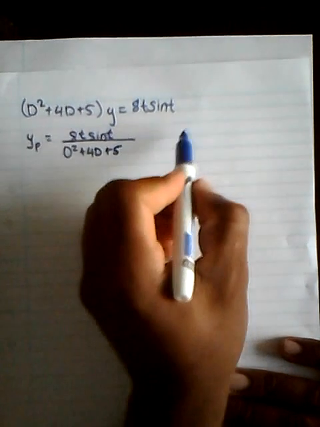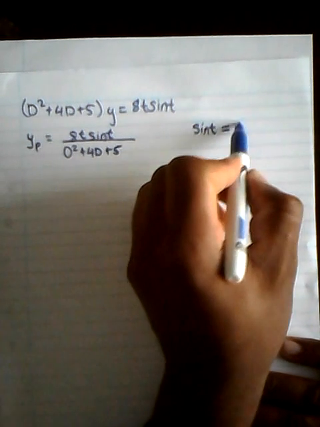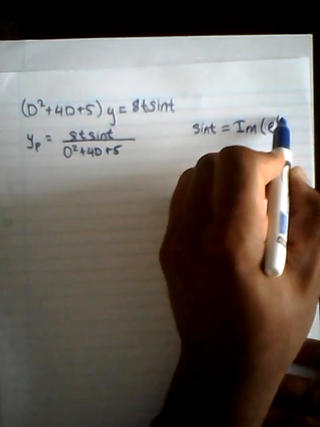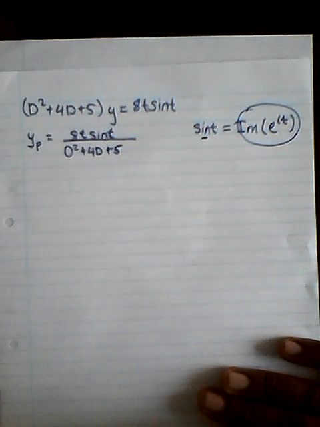Now, taking note of this, we are aware that sine of t is the same as the imaginary part of e to the power of it. So we can represent sine by e to the power of it.